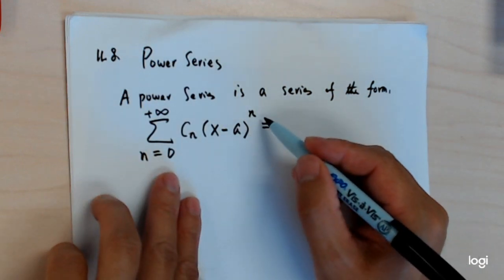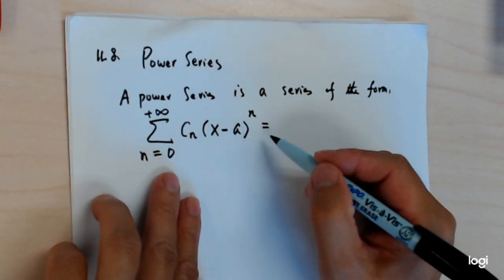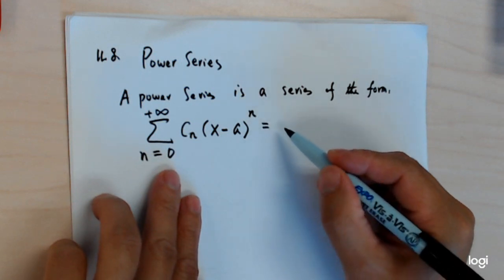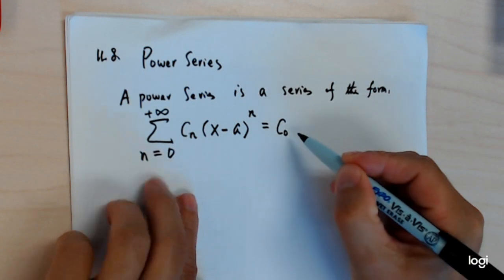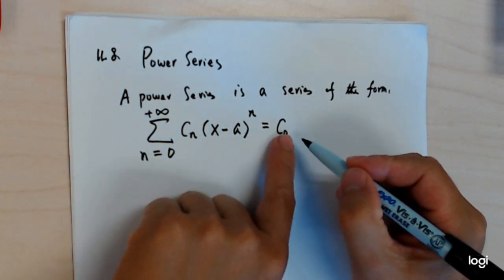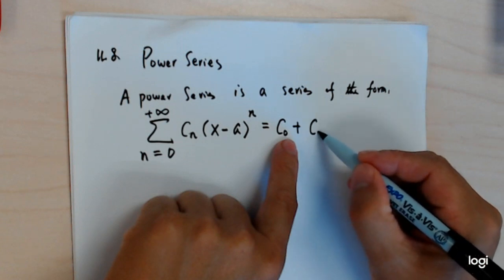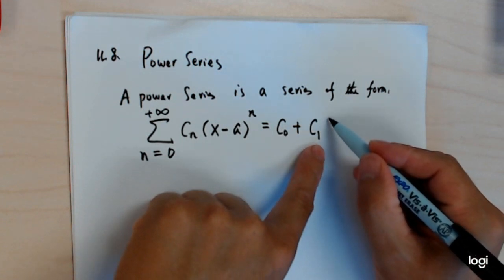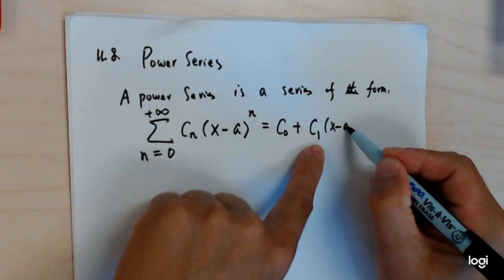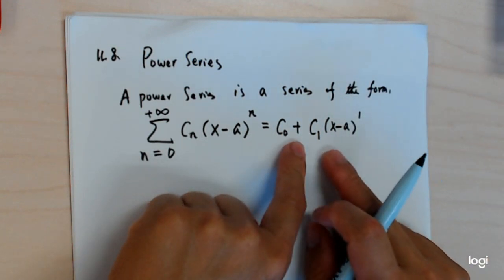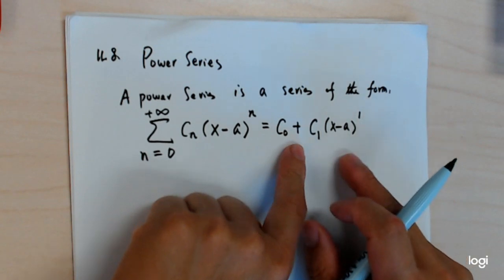We can plug in different n's here and write this apart so you have a better picture of what this actually is. n is 0, you're looking at a constant that we call C naught. n equal to 1, so that's another coefficient to the power of 1. So this is a linear function or power function of degree 1.